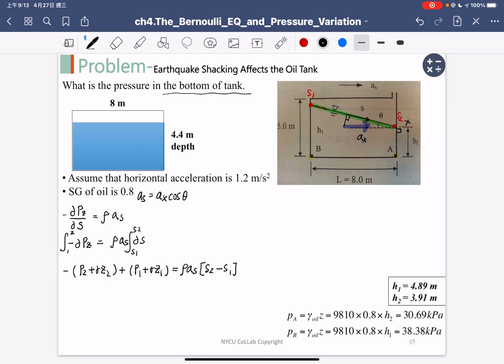Okay, so here we try to organize the equations. If you notice, this hole is connected to the atmosphere.